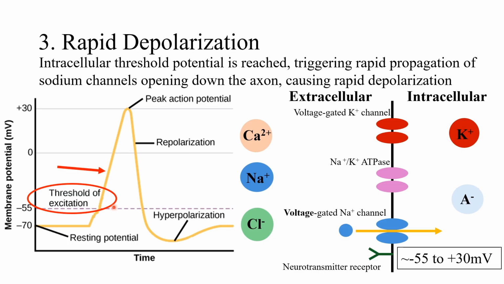And that's why you get this very steep shoot up in the membrane potential. And we go from about minus 55 to around plus 30. So a difference of almost 80 millivolts, right? Over 80 millivolts.